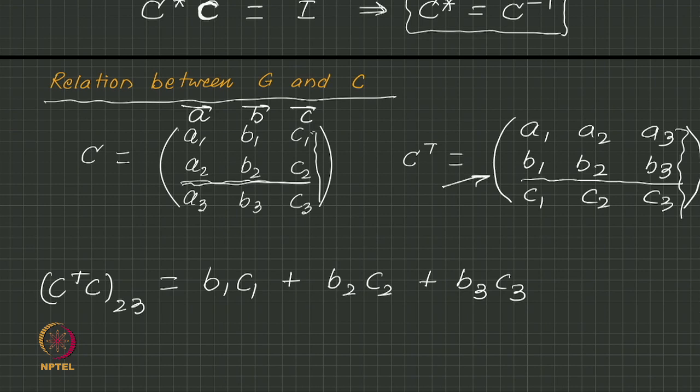Second row from here multiplied by the third column here. This is B 1, B 2, B 3 are components of the B vector, and C 1, C 2, C 3 are components of the C vector. So, this is nothing but B dot C.